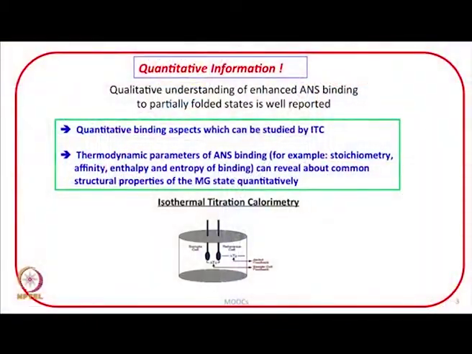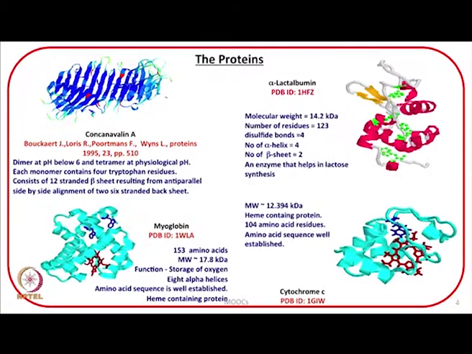Isothermal titration calorimetry can provide an answer to such questions. Now let me present some data from literature and start trying to answer these questions. Let us take a look at the slide.